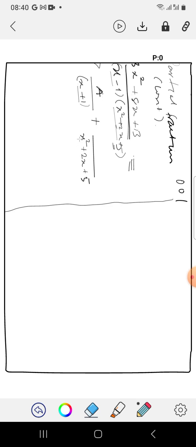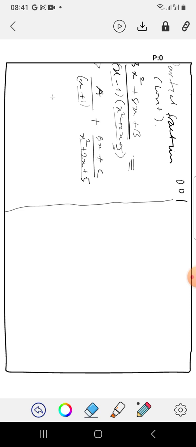Now here, this is a quadratic expression which cannot be factorized, which means that it contains a linear. Where it contains a constant, it contains a linear. So to be on the safe side, we should just put a linear at the top. So to put linear now, we say bx plus c. We've discussed this one in the classes before.